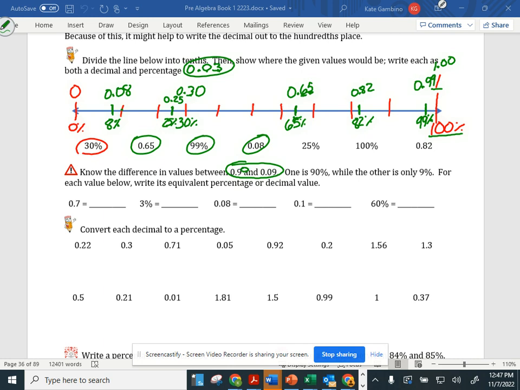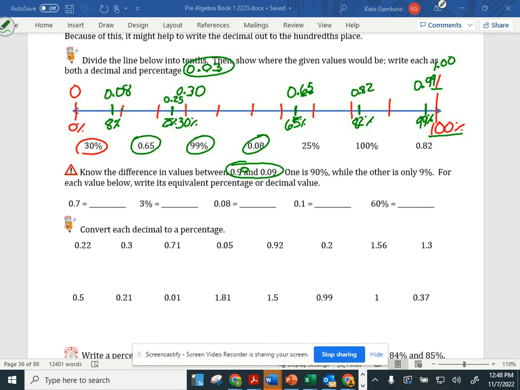Put the 0 in the empty space. We don't bump a number over to put our 0 in. You put the 0 in the empty space. So now we see clearly that we have a 90 and we have a 9. So they are two very, very different percentages. I want to get a 90% on my test. I don't want to get a 9% on my test.